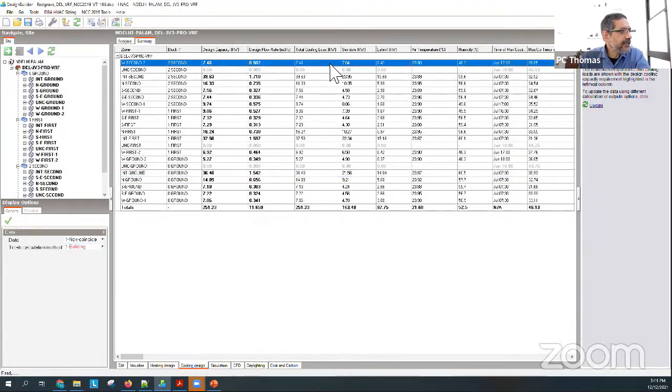Okay, so here you are. You can see that the cooling load for that zone, West second 2, is 7.46 kilowatts, of which 7 kilowatts is sensible and 0.42 kilowatts is latent, humid load. It's happening in June at 5 o'clock.